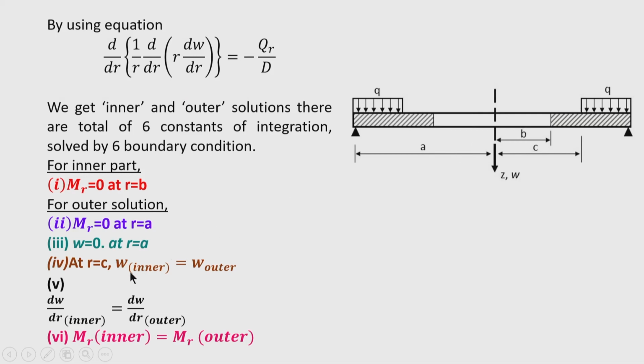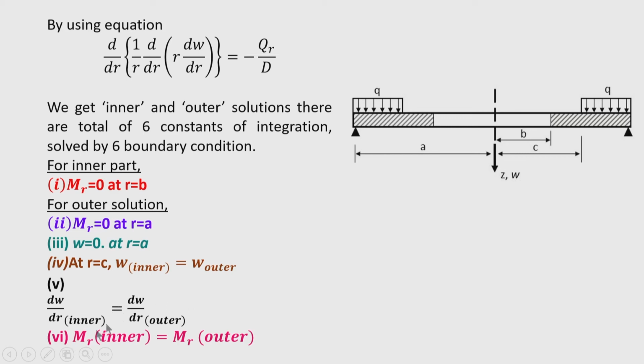So, at r equal to c, W inner equals W outer. Then the fifth condition is that slope compatibility has to be satisfied at the common point. So, at r equal to c, dW by dr inner equals dW by dr outer. That means the outer and inner solutions have to be differentiated and equated.